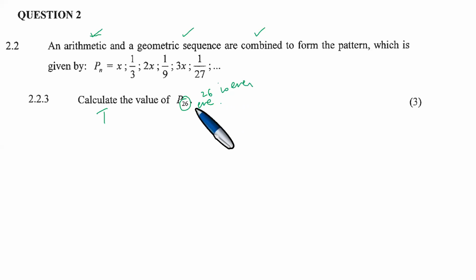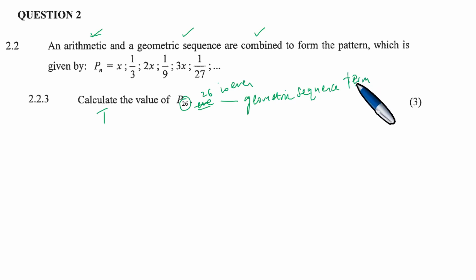If it is true that 26 is even, it means that at position 26 you have the geometric sequence term. So if that is true, you can use the formula ar to the n minus 1, the general term for the geometric sequence.